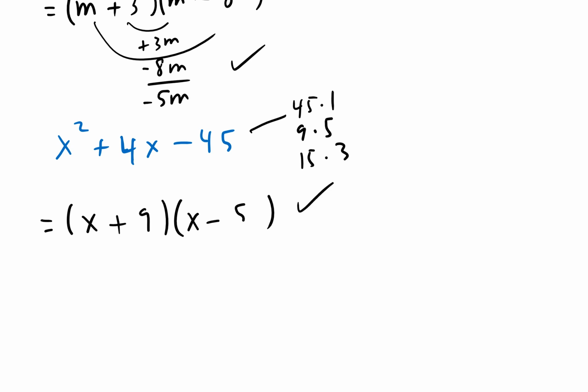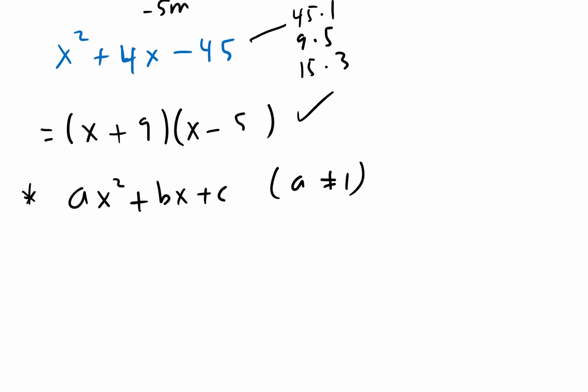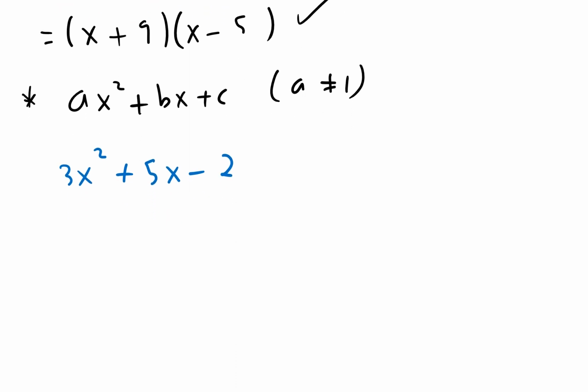How about if they give me the form ax squared plus bx plus c, where a is not 1? This makes it more difficult. Say I want to factor, if it's factorable, 3x squared plus 5x minus 2. Again, pause the video, try on your own before we show you the work.